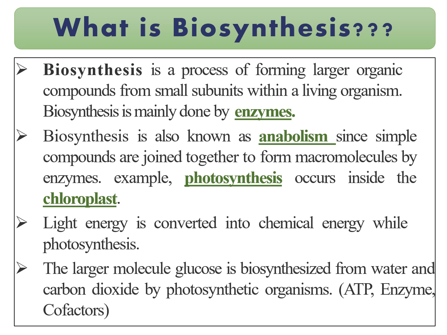During this process, light energy is converted into chemical energy. We all know what photosynthesis is. The same process, where light energy is converted into chemical energy, and some energy molecules are released by this biosynthetic process.